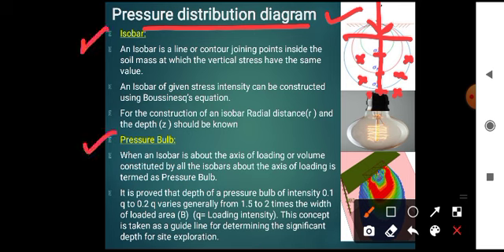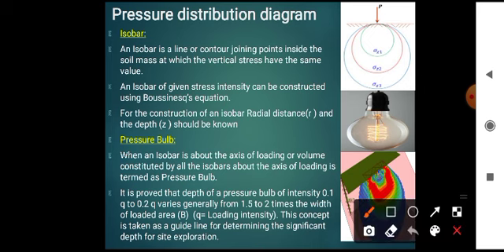An isobar is an imaginary line passing through the points of equal vertical stress, just like your contour in the survey. What does it mean? In survey, a contour is the imaginary line passing through the points of equal elevation or equal RL.